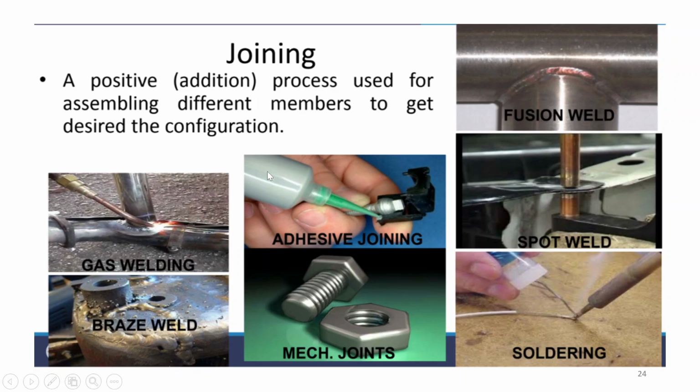So joining is a positive process used for assembling different members to get the desired configuration. Okay, so there you have gas welding, brass welding, adhesive welding, mechanical joints, fusion weld, spot welding and soldering.